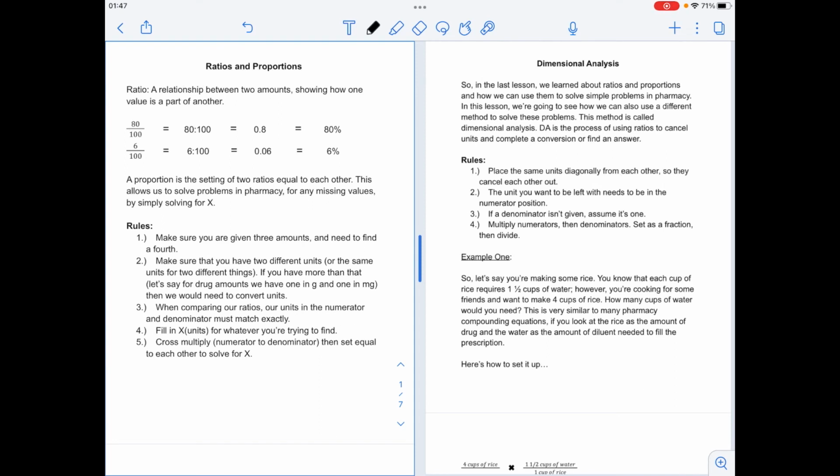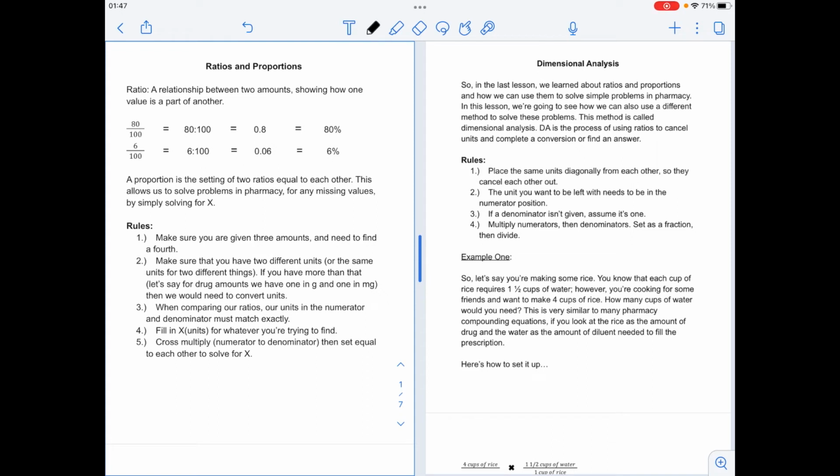Okay, so we're going to start comparing ratio and proportions to dimensional analysis. So the rules for dimensional analysis would be to place the same units diagonally from each other so that they cancel out. So that's the opposite of ratio proportion, where you want to line like units.